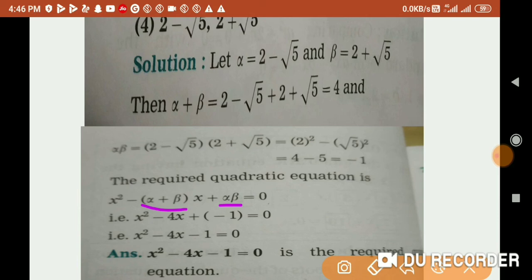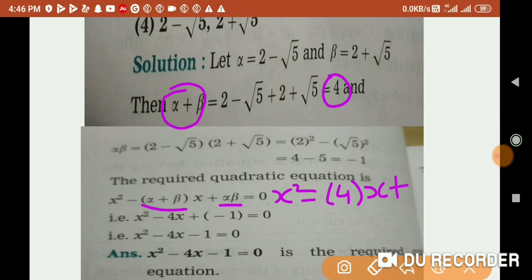Now see here we can write x square minus, alpha plus beta is equal to 4. Therefore we can write down inside the bracket 4, out of bracket x plus the value of alpha into beta is minus 1. See, I can write down this inside the bracket, is equal to 0.